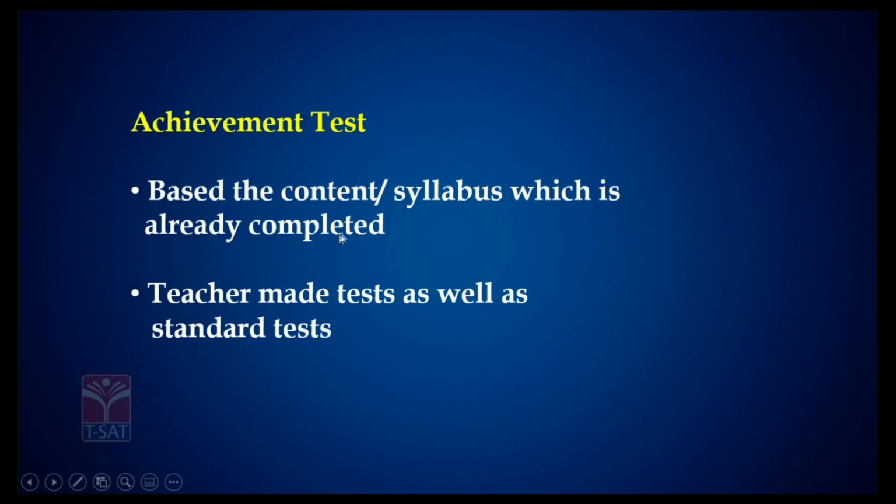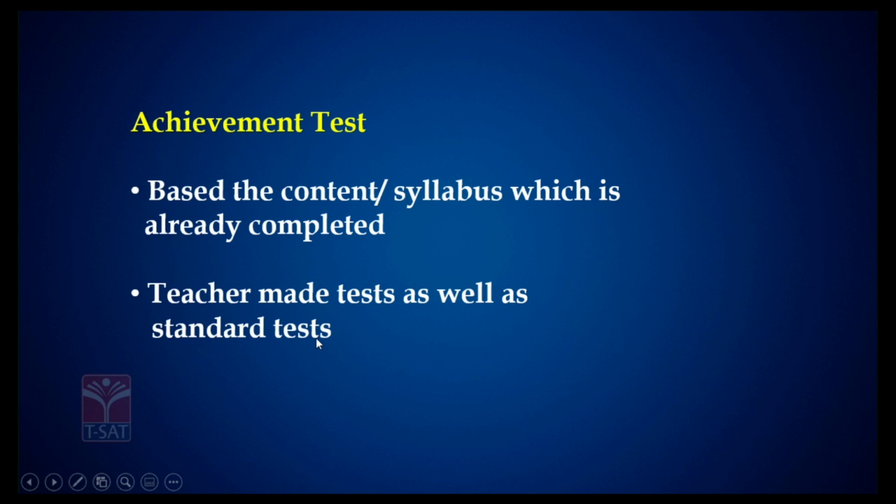And achievement test, it is very familiar. It is based on the content or syllabus which is prescribed and which is already completed, and generally an achievement test focuses on the end product, and they can be of two types: teacher-made tests as well as standard tests. Public examinations are good examples of achievement tests. Sometimes teachers prepare their question papers and administer them in the classroom.